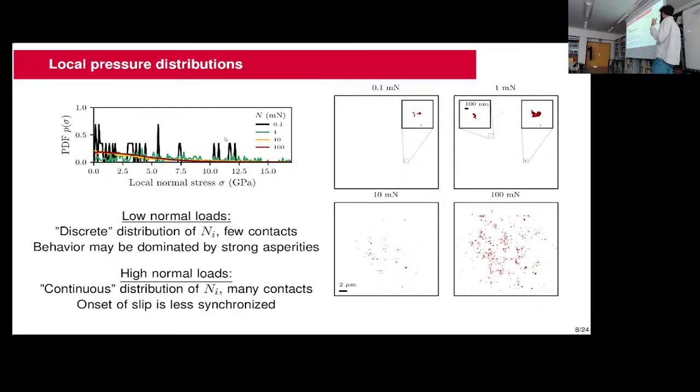In a sense, this means that for low load, when you have only a few asperities, one strong asperity might dominate the entire behavior of the interface, while when you have multiple asperities, you have a less synchronized onset of slip. So asperities start sliding at different moments, and so the peak friction of the microscopic behavior cannot be seen.